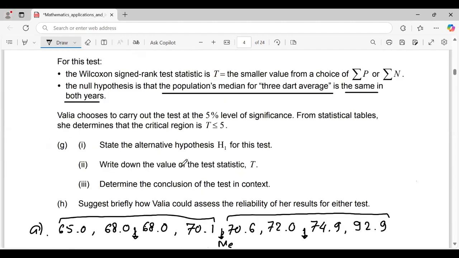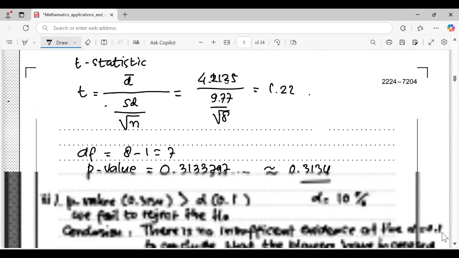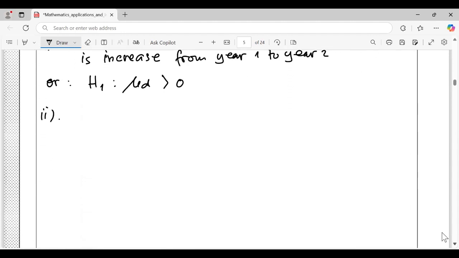Second, write down the value of the test statistic T and determine the conclusion for the test in context. The value of T, we already calculated, is 8.